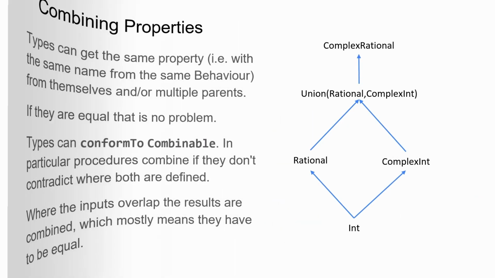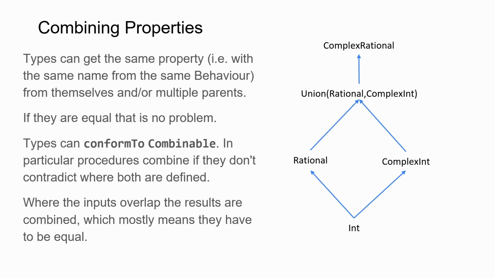All right, types can have the same property as we've seen, but if they have the same name and the same behavior, if they're equal, there's no problem. But types can also be combinable, and particular procedures are combinable as they don't contradict each other where they're both defined.